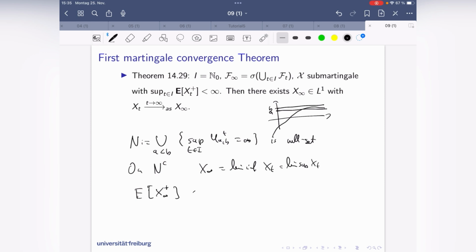By Fatou's lemma, that's at most the supremum over all t of the expectation of xt, which is finite by assumption. And similar is the expectation of the negative part of x infinity.